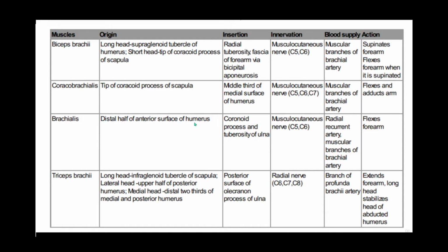If we have a look there, the biceps brachii long head is from the supraglenoid tubercle of the humerus. Well, the supraglenoid tubercle actually is on the scapula, because the glenoid is on the scapula. And then the short head is from the tip of the coracoid process of the scapula. It inserts into the radial tuberosity and the fascia of the forearm.